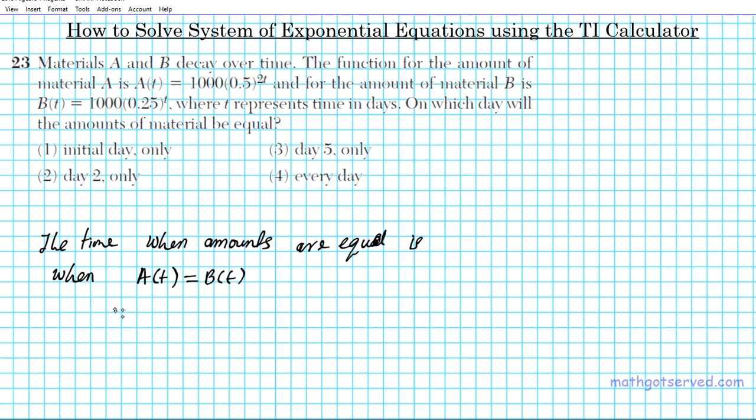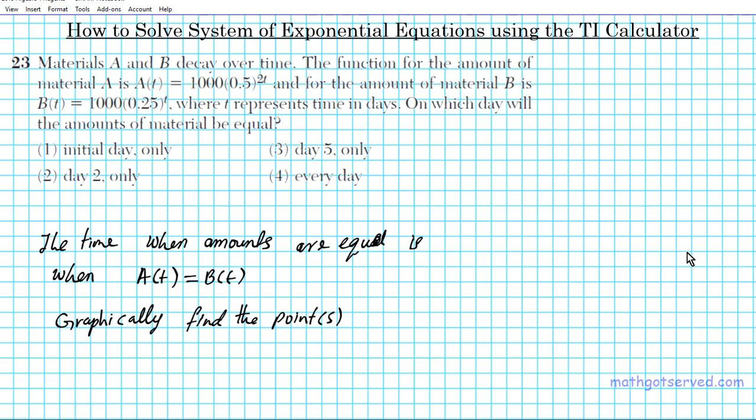If we want to do this graphically, what does this mean? Graphically, we find the point or points of intersection. Where do these two graphs intersect? Wherever they intersect, those are the times when the amounts are equal.